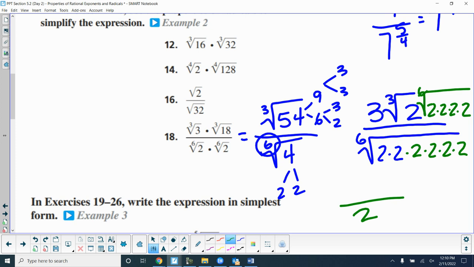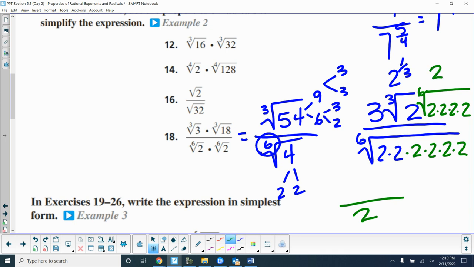I can't multiply them unless they were the same, like those were. If they're the same, I could multiply. So let's rewrite these with exponents. What's the exponent if it's cube root? 1/3, yeah. So this blue one is 2 to the 1/3.